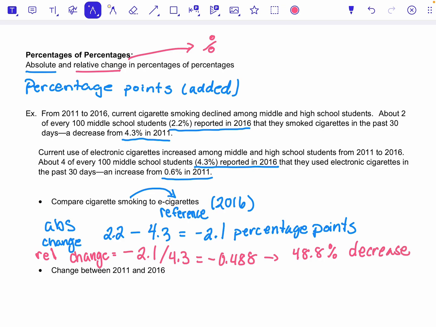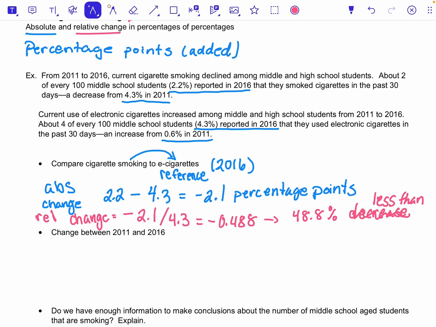Or less, I could say. Decrease is probably the wrong word. Let's say less than. So cigarette smoking was 48.8% less than e-cigarette smoking. So that's looking at absolute change versus relative change.